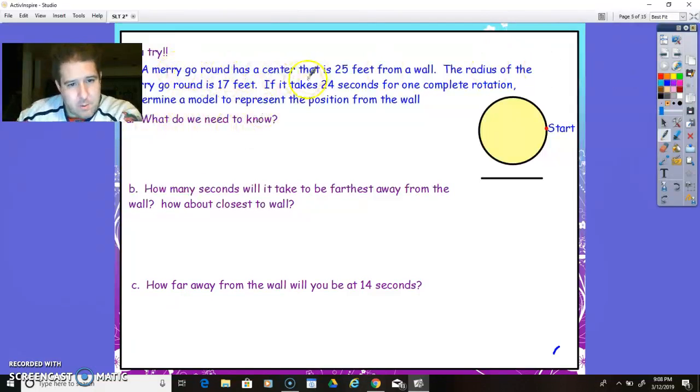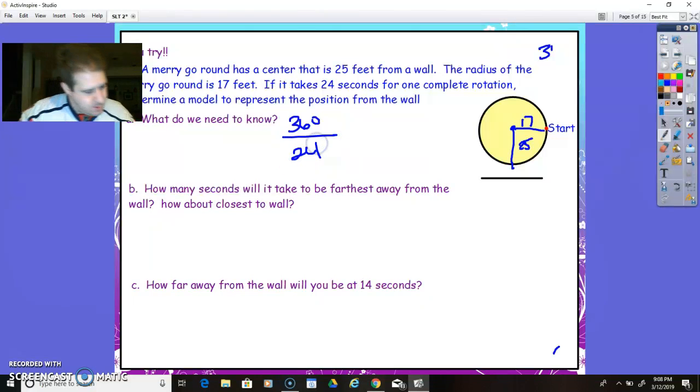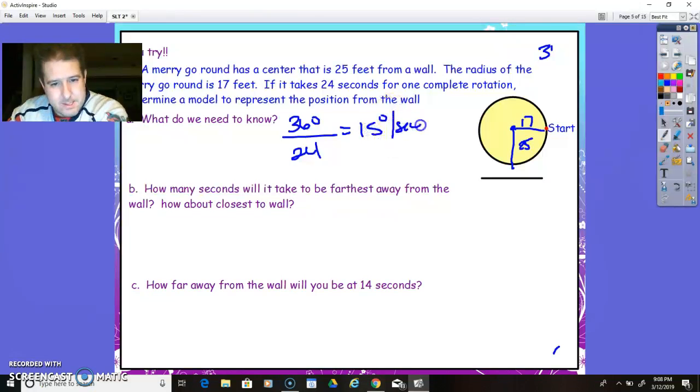And the last one. So what do we need to know? A merry-go-round has a center that's 25 feet away from the wall. 17 is the radius, and it takes 24 seconds to complete one rotation. So we need to know how many degrees that is per second. So 360 divided by 24 gives me 15 degrees per second.